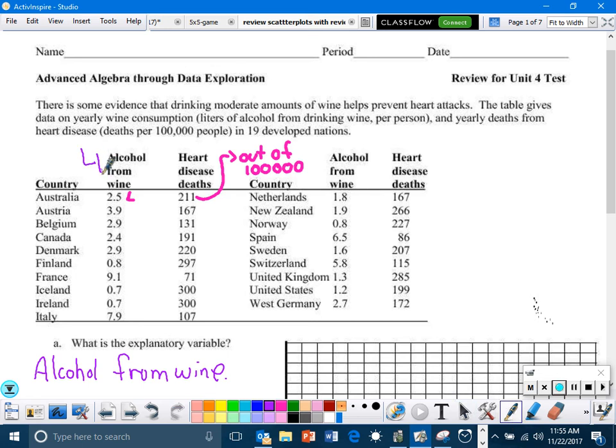When we get down to the bottom, we go over here and continue in list 1 with the Netherlands. Same thing with heart disease deaths, which go in list 2. So list 1 will be alcohol from wine, and list 2 will be heart disease deaths.